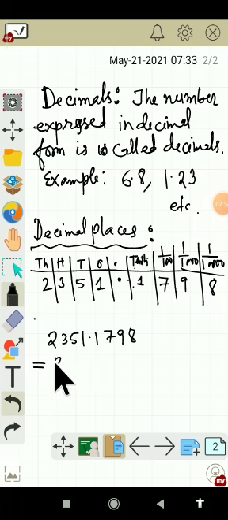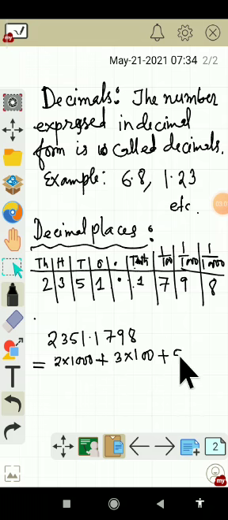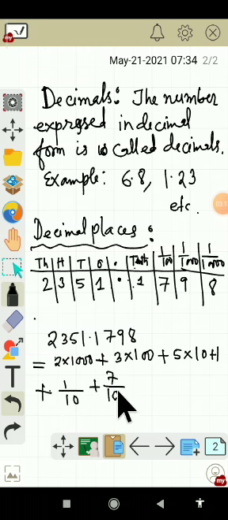So 2 into 1000, we already know the value of this place is 1000, plus 3 into 100, plus 5 into 10, plus 1, then plus 1 by 10, 7 by 100. When any number is in the tenth place, it will be 1 by 10.